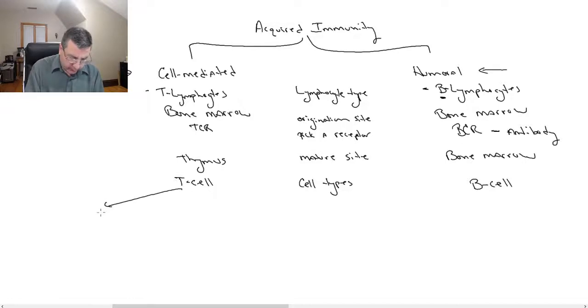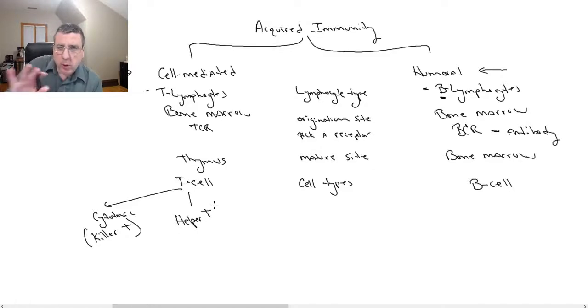So we've got cytotoxic, also known as killer T cell. We're going to have a helper T cell, and we're going to go through all these.